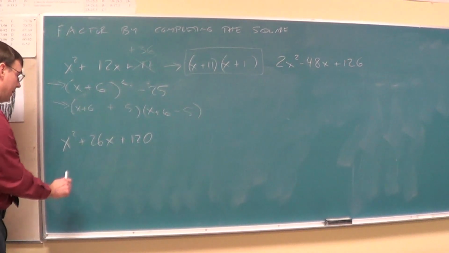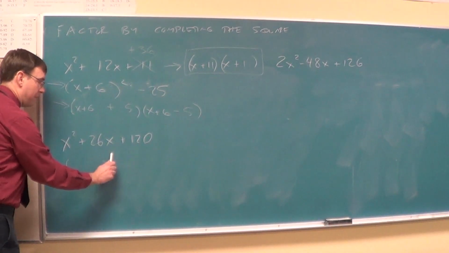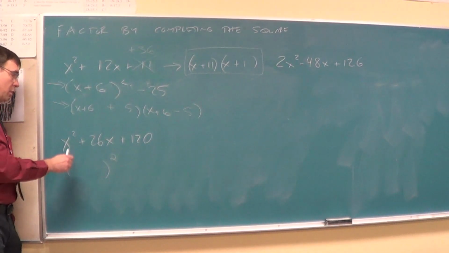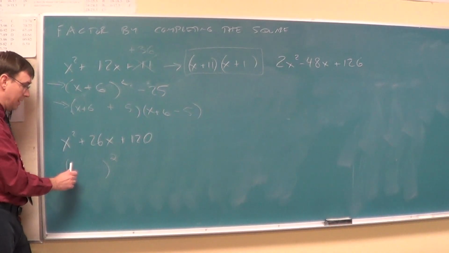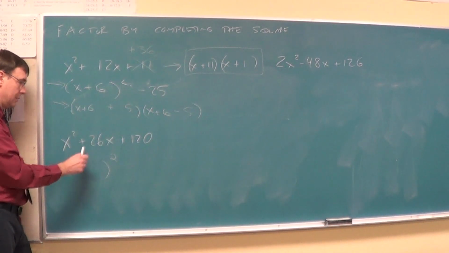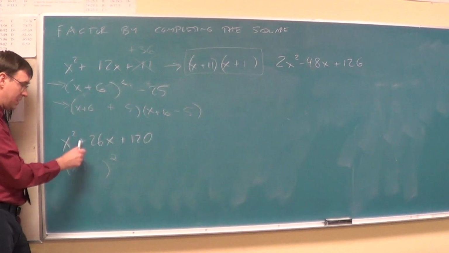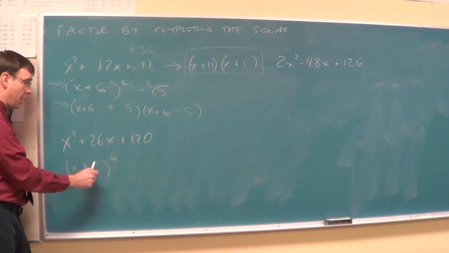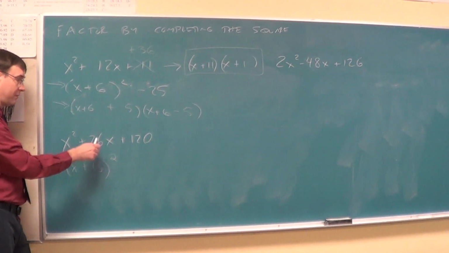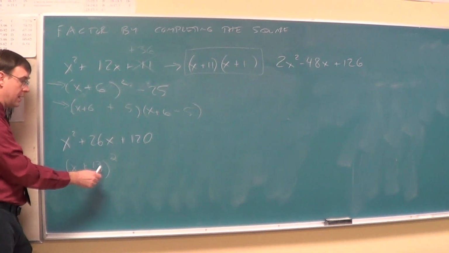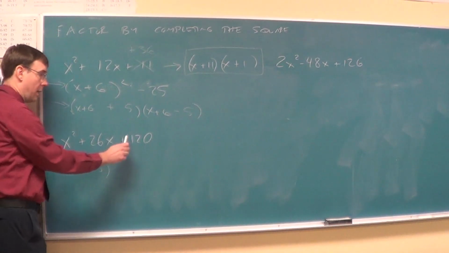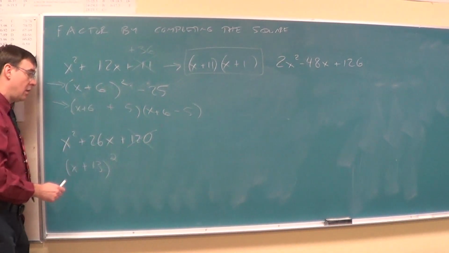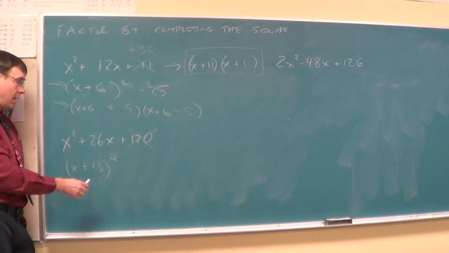So let's go at it again. First thing you'd want to try to figure out is what square this thing would be. So x squared determines x plus, to copy the sign, 13, because we're cutting in half. Half of 26 is 13, so this is a 13 squared. 120 is not consistent with 13 squared.